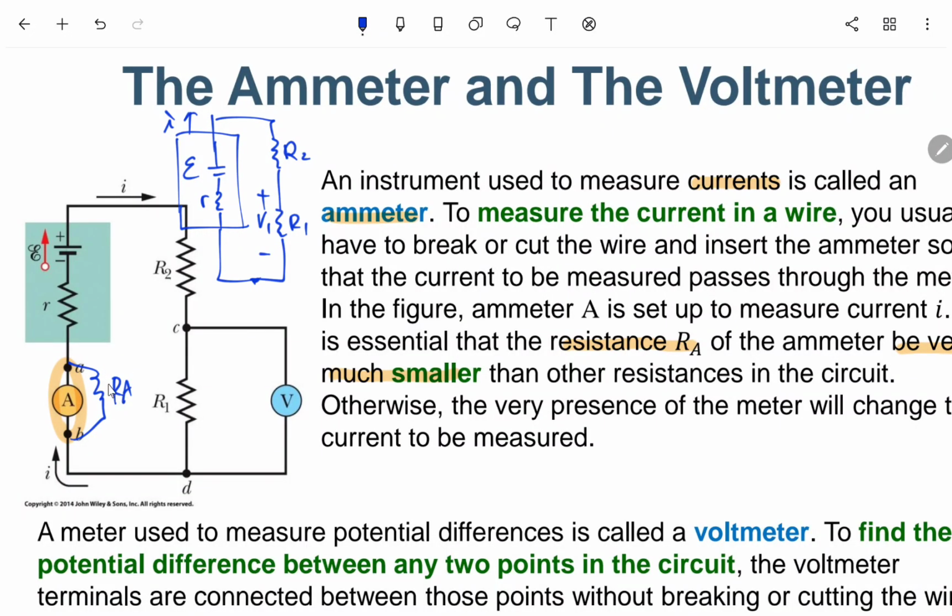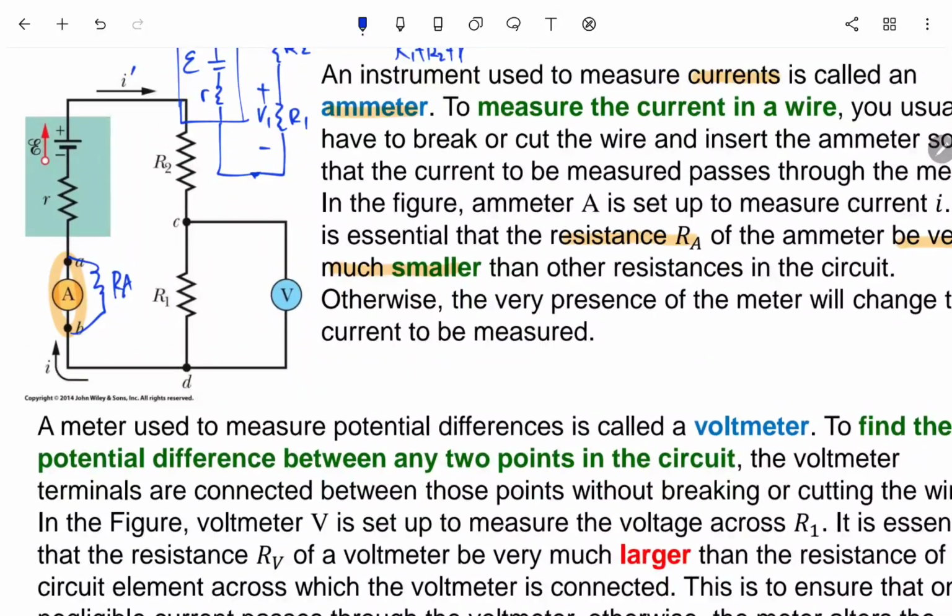If RA is large, let's say as large as R, then the total current will be influenced. Let's say this is I prime, this is I. Originally, if we try to find I based on this circuit, this I will be E over R1 plus R2 plus small r.